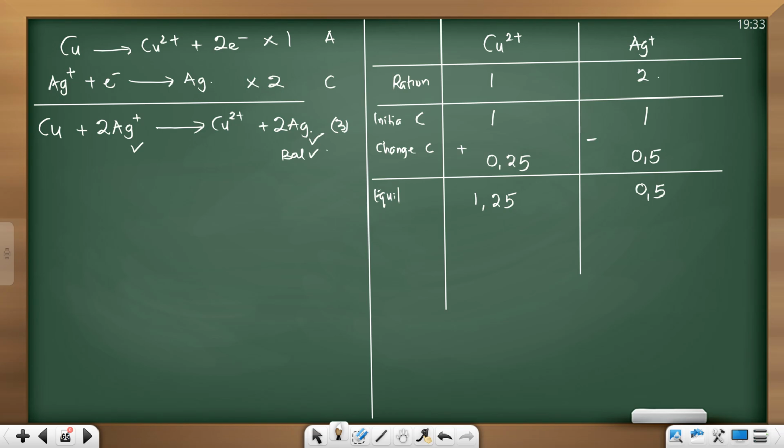So the concentration of the anode half cell will be 1.25 moles per cubic decimetre. 7 marks.